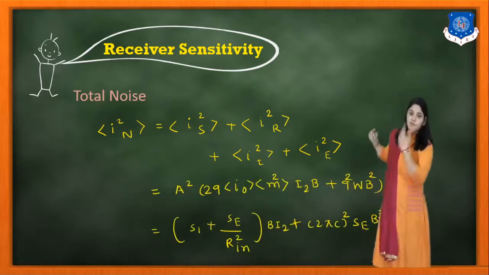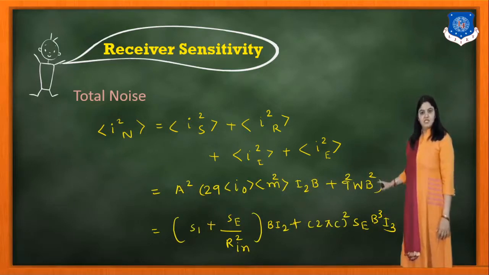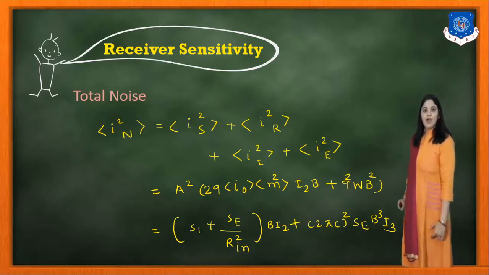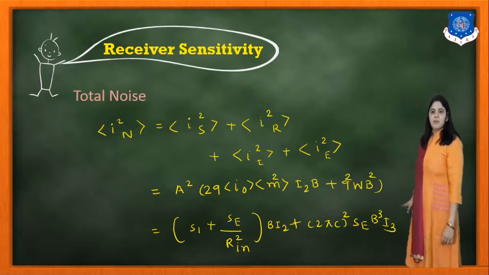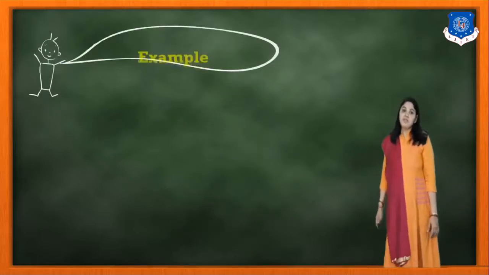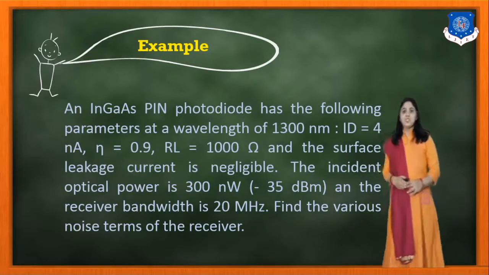Put all the values from the above equations over here, and solving those equations we can have this equation, that is A² in bracket 2qI0 M² I2B plus q²WB², and it is S1 plus SE upon R² BI2 plus 2πC² SE BqI3. So this is the value of the mean square noise current. Now we'll solve the next example based on this.